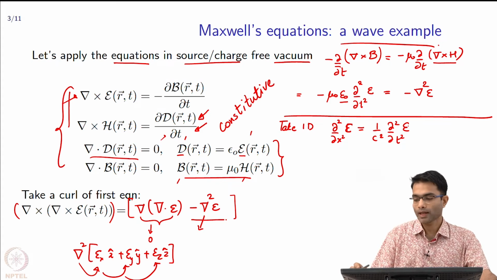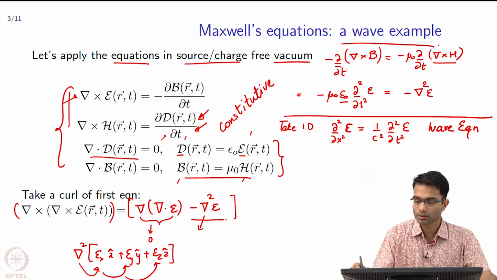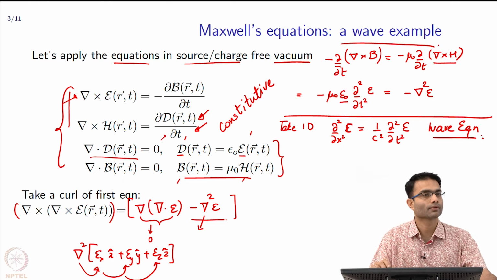Okay. And this, many of you will know, is called the wave equation. Now, why is it called a wave equation? It describes a plane wave. You can see what is the solution to this equation.